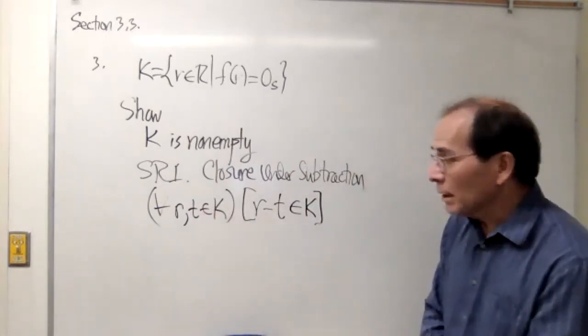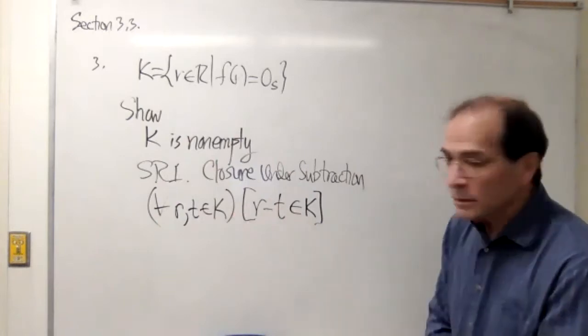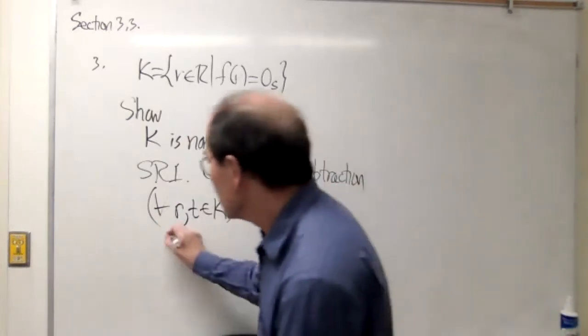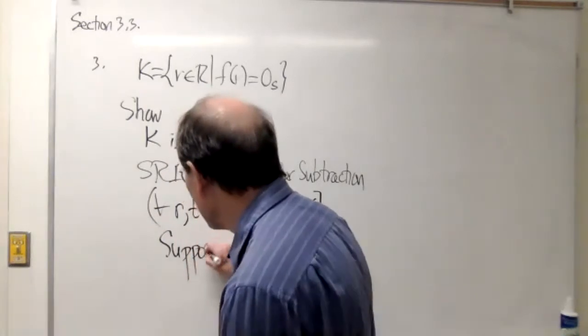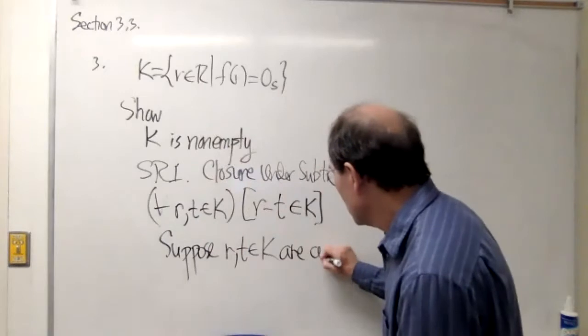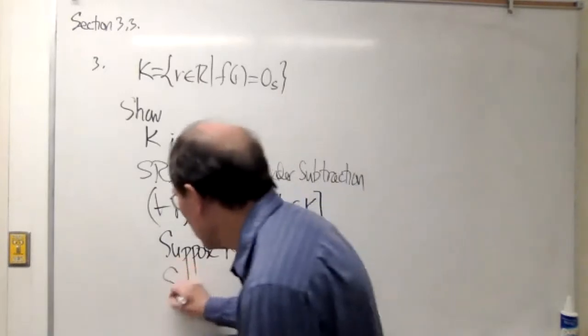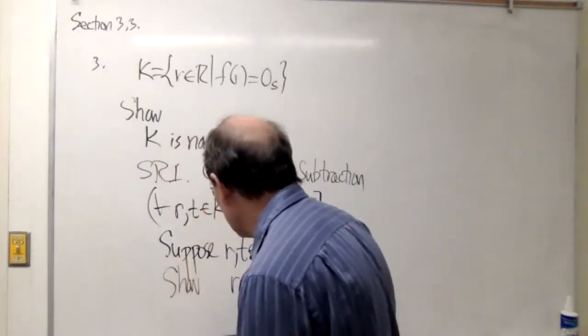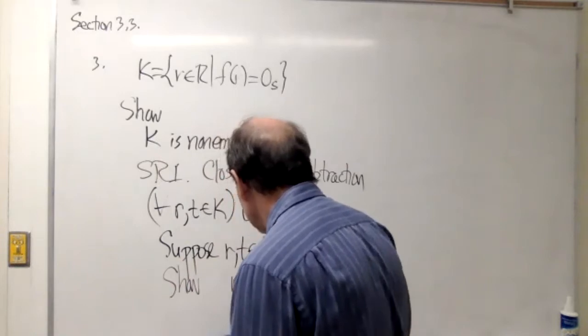If you pick two arbitrary elements in the set, their difference is in the set. So you're going to suppose that R and T are arbitrary elements of K. And then we need to show that R minus T is in K.